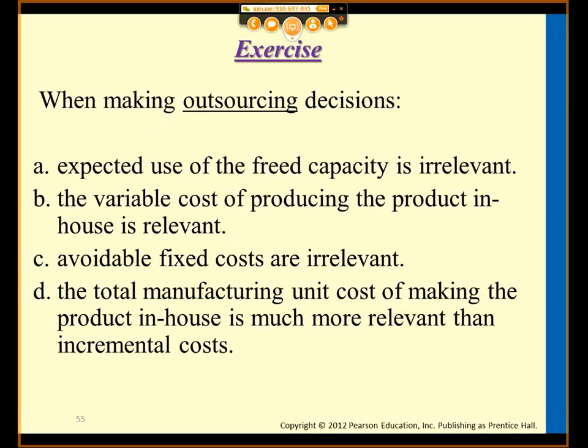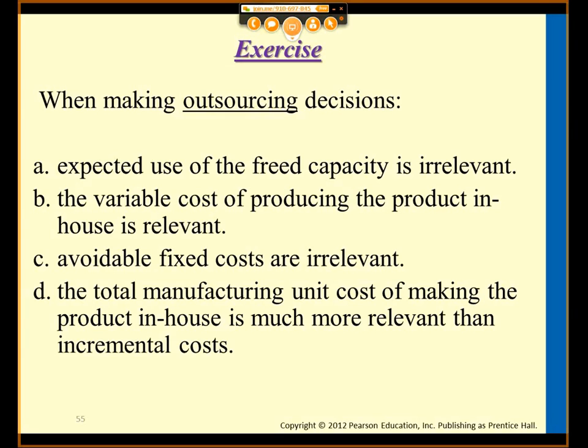Let's do the next one. When making outsourcing decisions, expected use of the freed capacity is irrelevant. The variable cost of producing the product in-house is relevant. Avoidable fixed costs are irrelevant. And the total manufacturing unit cost of making the product in-house is much more relevant than incremental cost.